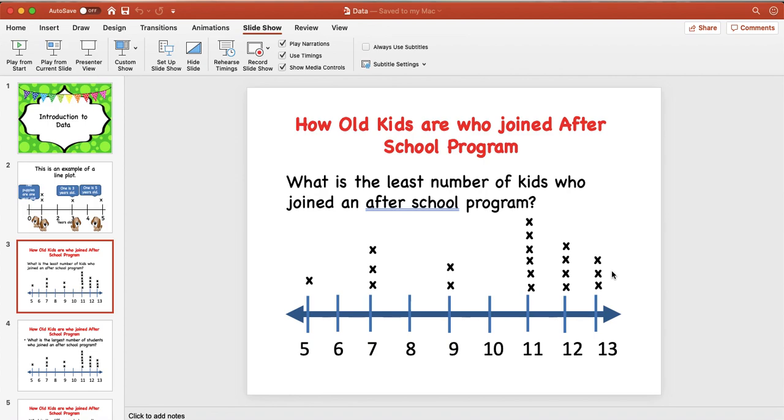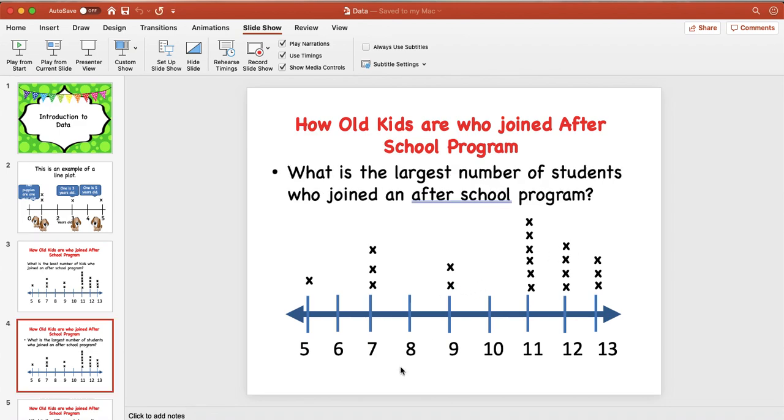If we are looking on our line plot over here, we can see that the least, or the smallest number, would be 1 right over here. There was only 1 5-year-old who joined an after-school program, and compared to all of our numbers that are plotted, 1 is the smallest.